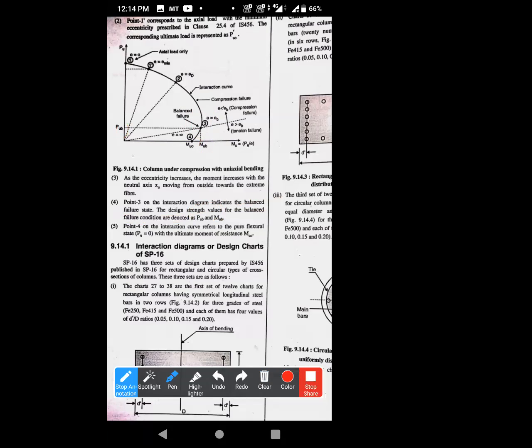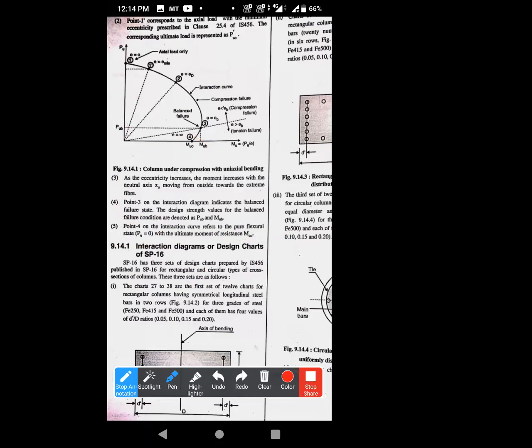At point 4, you can see there will be no load. It is directly on your x-axis. This is your Pu and this is your Mu, meaning the maximum moment is available with zero ultimate load.